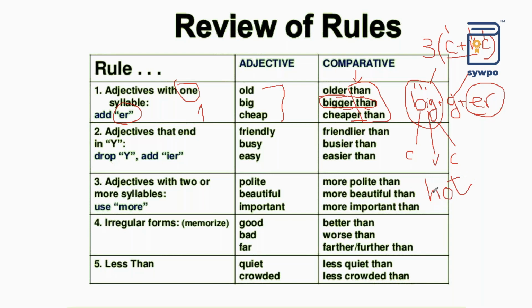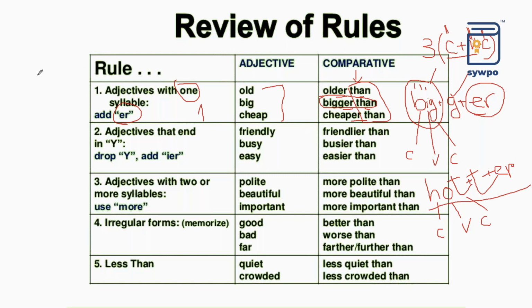I told you, if you have a word that has a combination like this, 3-letter word or 4-letter word, doesn't matter, if the last 3 letters are consonant, vowel, and consonant. Look, you have H, which is a consonant, and you have O, which is a vowel, and you have T, which is a consonant. So consonant, vowel, consonant. You have to repeat the T and then add ER. So hot becomes hotter. Hot becomes hotter in comparison.